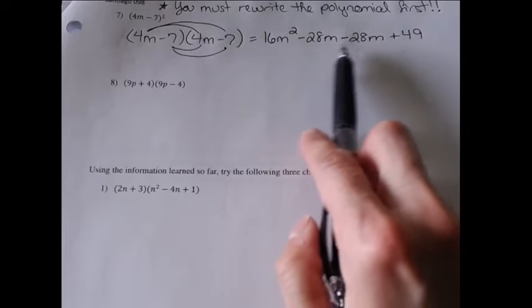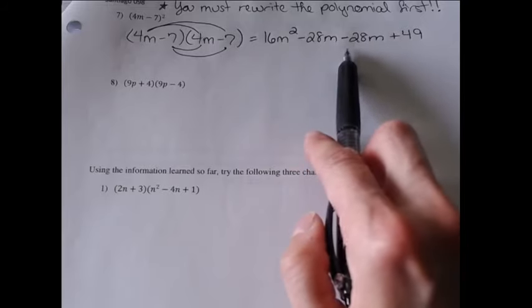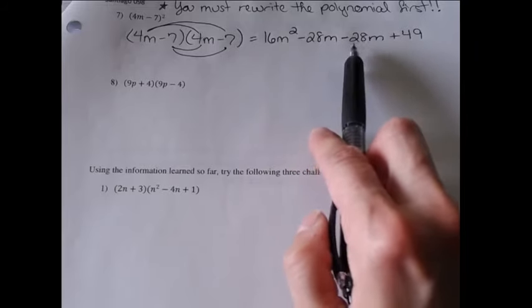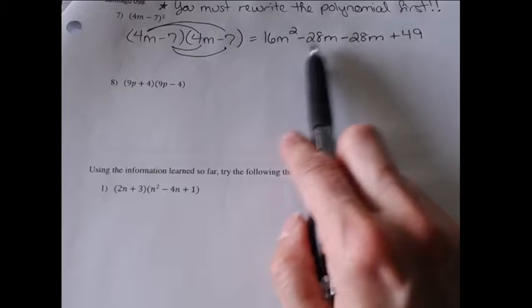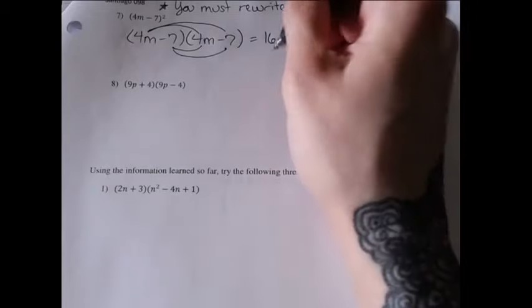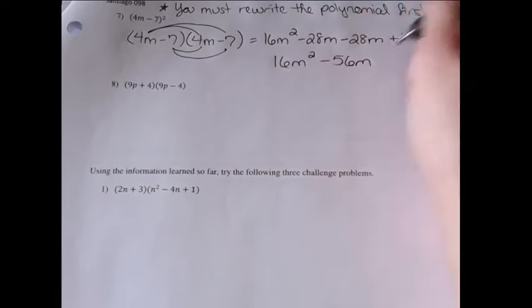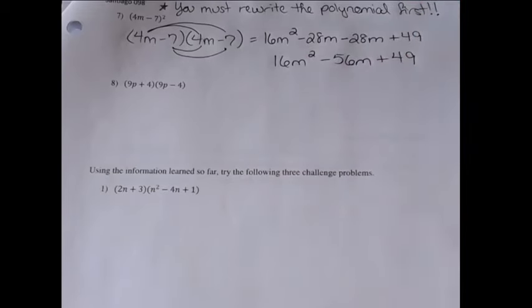These, ladies and gentlemen, are not opposites. They do not cancel each other out. They do not go away. They have the same sign, so you must combine them. We will end up with 16m squared minus 56m plus 49.